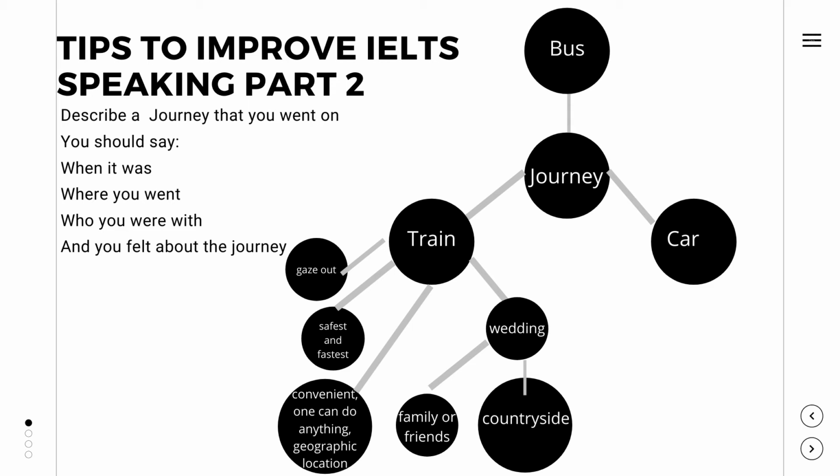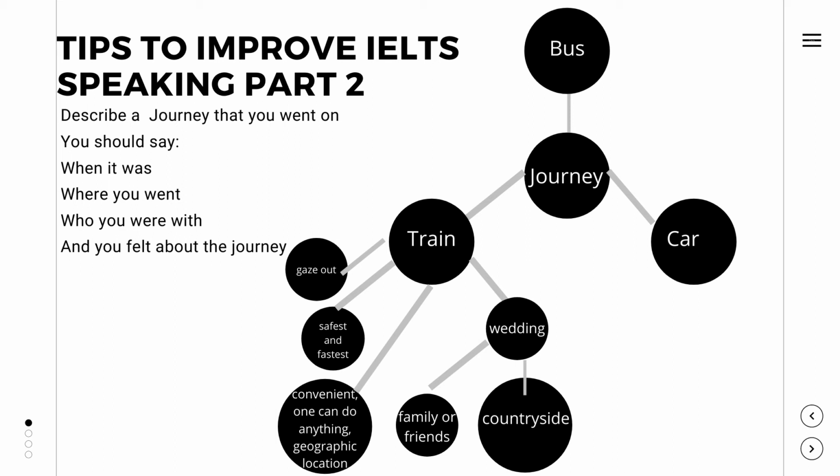You can say that you can gaze out of the window while traveling through the train, and you can further elaborate this sentence. You can also say that I prefer train journey because it's the safest and fastest way to travel. So this is the second idea. You can elaborate it further.